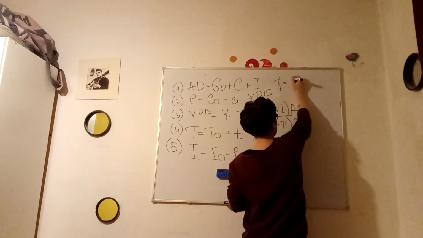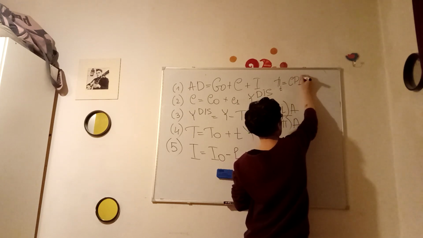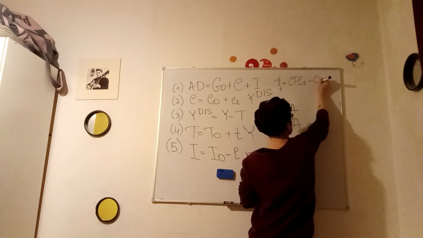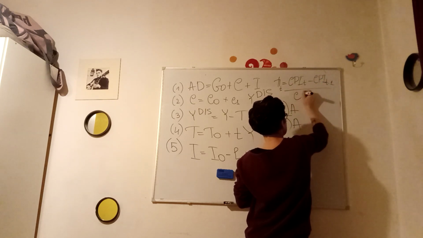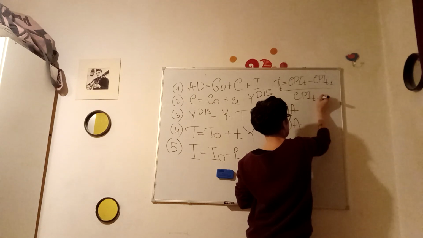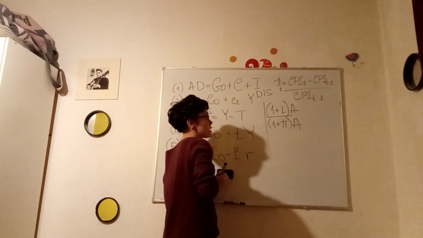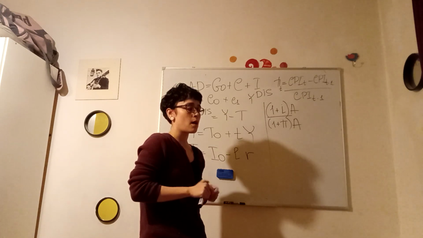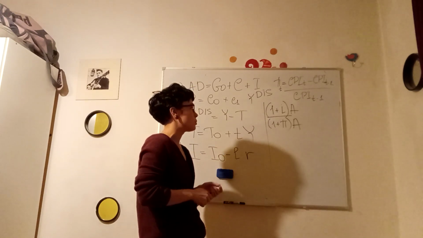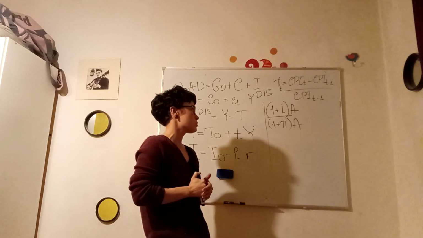So inflation in period t is CPI in period t minus CPI in period t minus 1, divided by CPI in period t minus 1. CPI stands for Consumer Price Index, and this is just some aggregate overall level of prices for consumer goods.